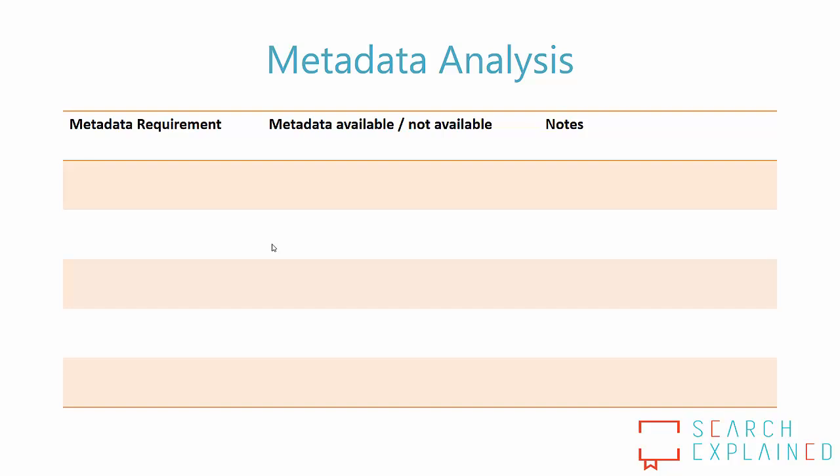The second column is if the metadata is available or not in the source system. In most cases, those metadata is available, but in many cases, it is not available directly. Somehow we have to extract it, or we have to prepare it from the existing metadata fields, maybe combining them, maybe doing some operation on them. But definitely we have to identify if we have the metadata for that requirement in the first column or not.